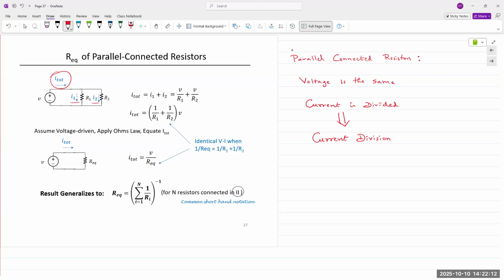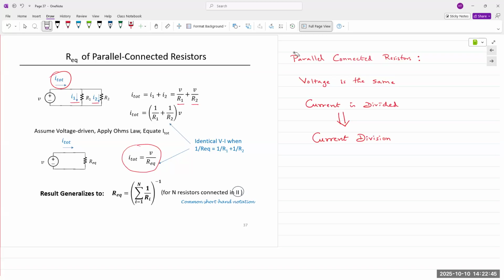So coming back to this derivation, we have V over R1 plus V over R2. Take the V outside, it's common, and we find this term is the reciprocal of Req. The total current flowing through the circuit must equal the total voltage applied to that circuit, and logically speaking, the R in that Ohm's law will be the total equivalent resistance of that entire network.